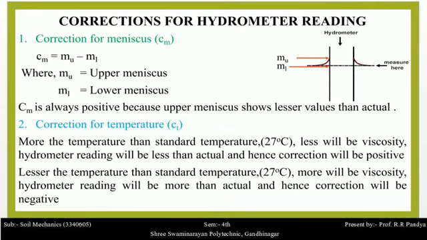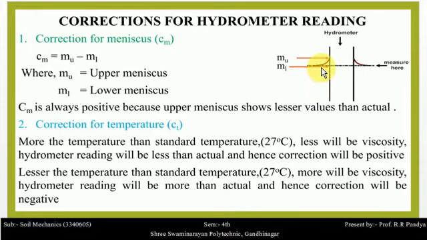Now, correction for hydrometer reading. First one is correction for meniscus, which is denoted as Cm. Correction for meniscus is nothing but the subtraction of mu minus ml, where mu is the upper meniscus and ml is the lower meniscus. Here from the figure you can understand about the meniscus.